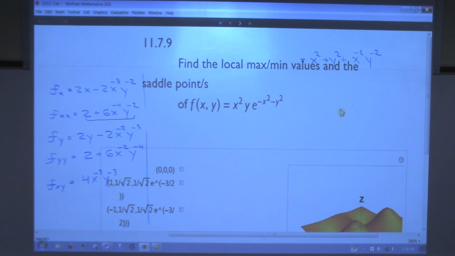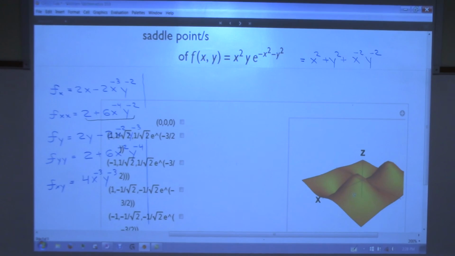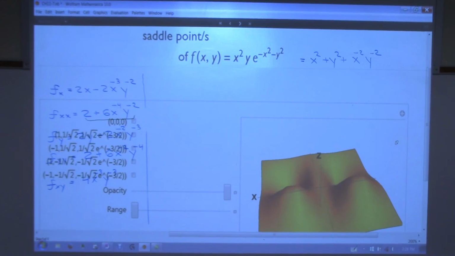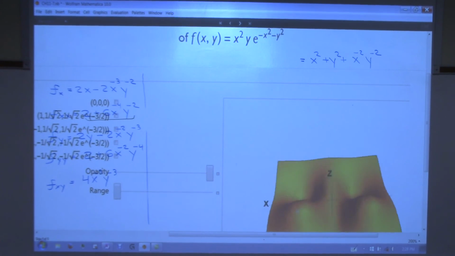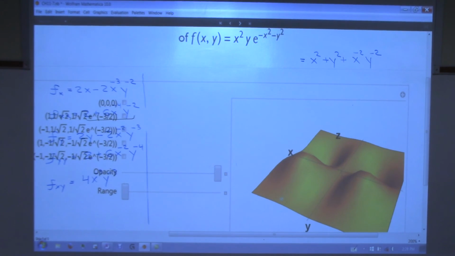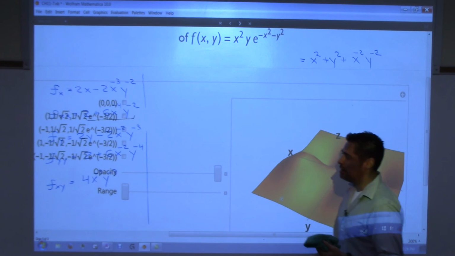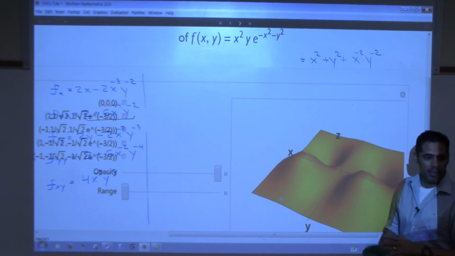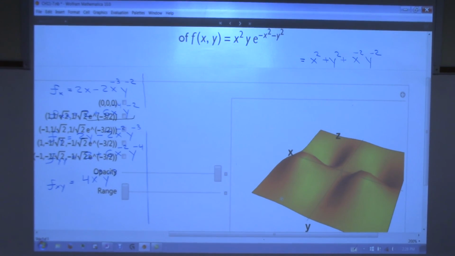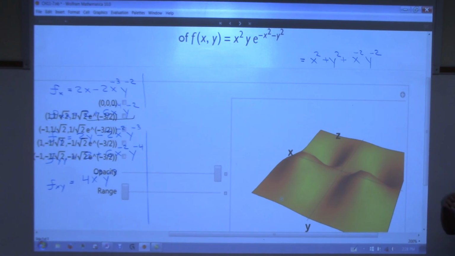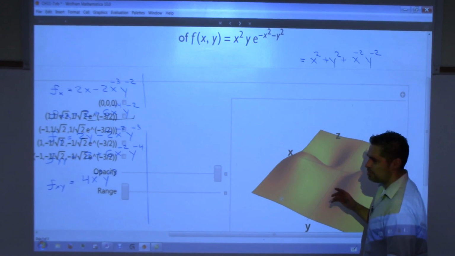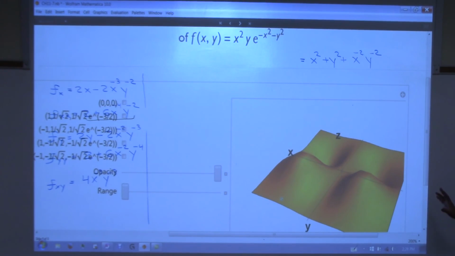So the good news is that if you just look here, you should have what appears to be 2 local maxes and 2 local minimums. But there's something very profoundly complicated in this problem that I'm not quite sure if everyone's going to catch it. Now, I'm not necessarily going to count off if you don't catch it. But there are some significant issues that come up here.